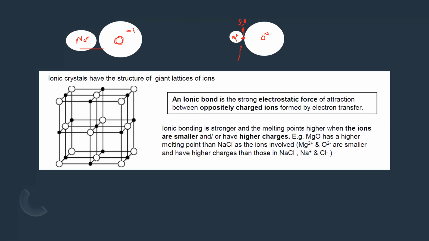The same reason. Is it clear? Why the melting point of sodium chloride is lower than magnesium oxide. Any doubt in this part?